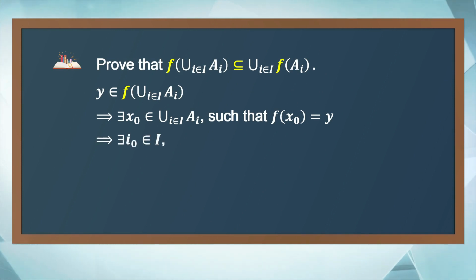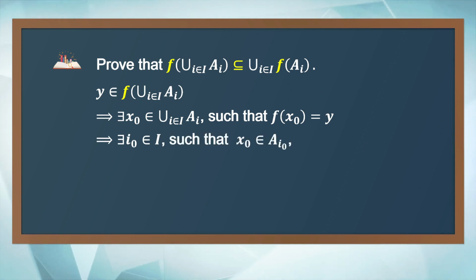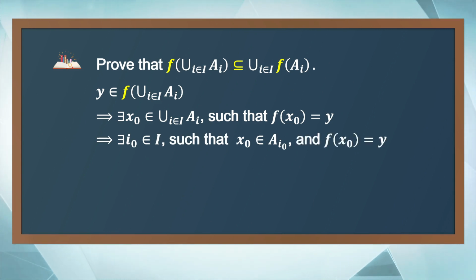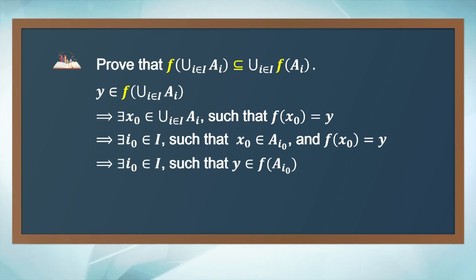By the definition of union of crisp sets, there exists i0 such that x0 is in A_i0 and f(x0) equals y. So y is in the image of A_i0. Again, by the definition of union of crisp sets, y is in the union of the images. Hence, we have proved that the image of the union is a subset of the union of the images.